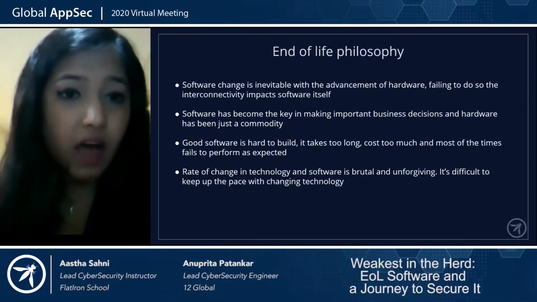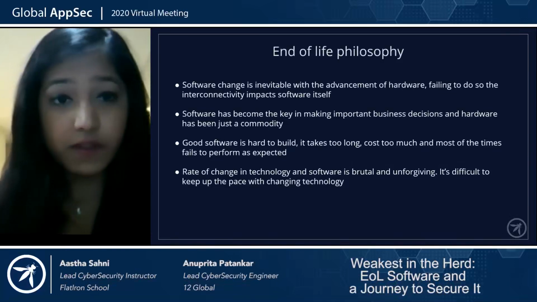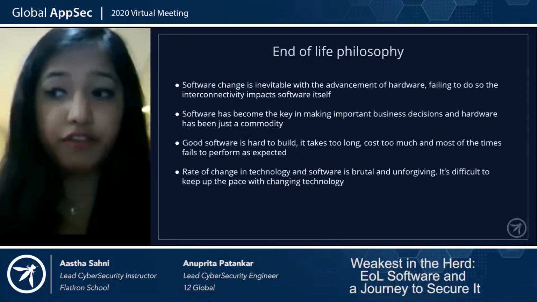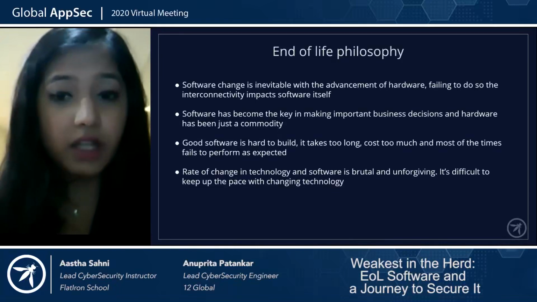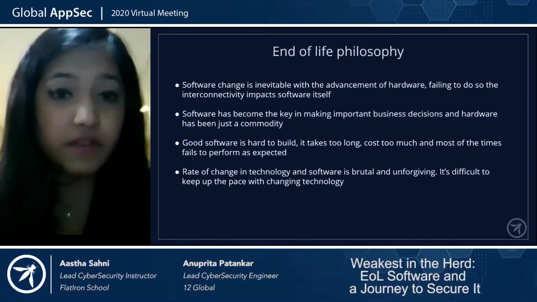Now we'll see how software has become a very important thing when making important business decisions. If you want your company to be unique, technology or software is the one that will make you different from the rest of the companies.